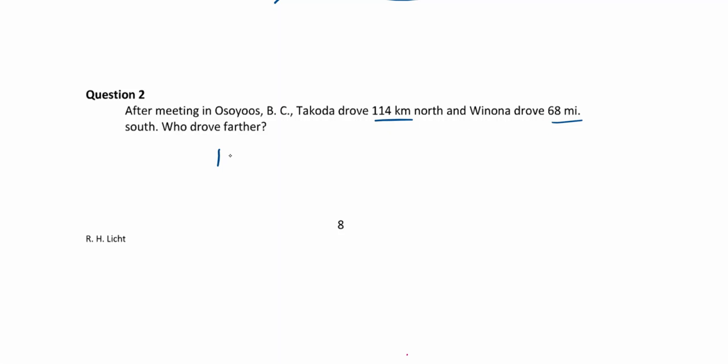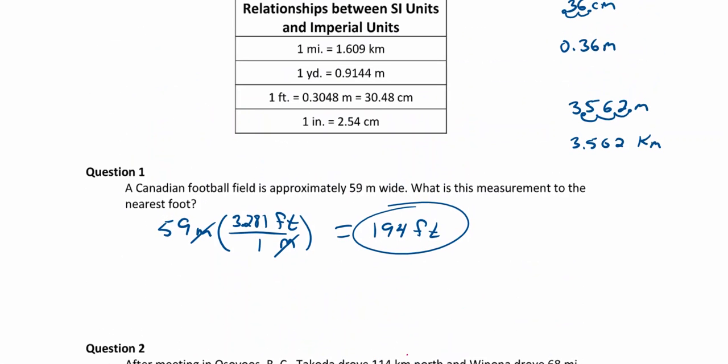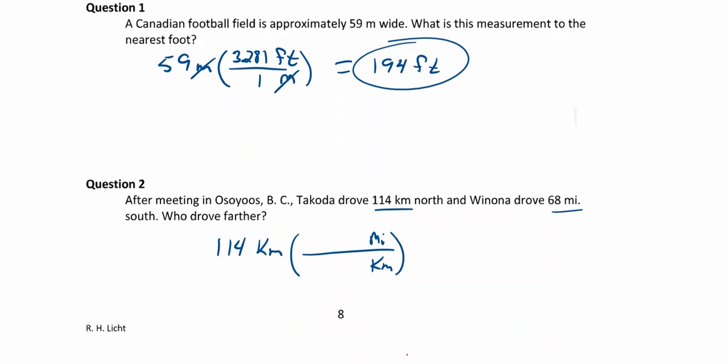We've got 114 kilometers, and I'm going to multiply it by some factor. I want to cancel kilometers, so kilometers go in the bottom and miles go in the top. With your formula sheet, we can see that 1 mile is the same as 1.609 kilometers.